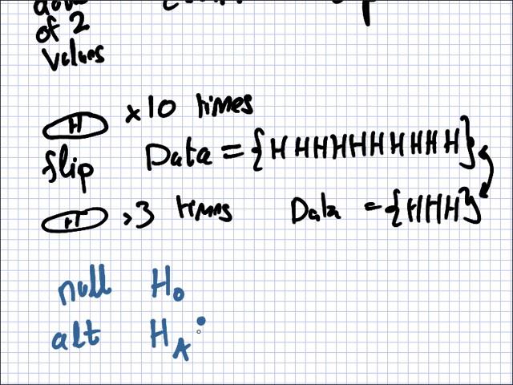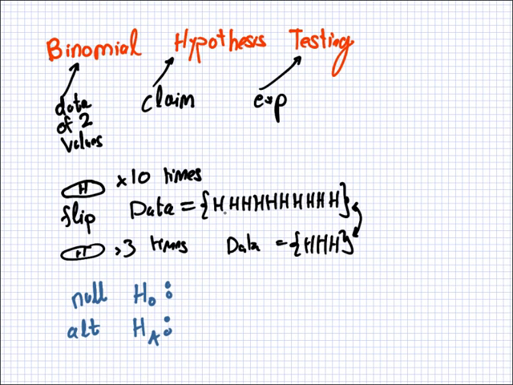The null hypothesis and the alternative hypothesis. These are like what you might call your claim and the counterclaim. So for this example, you're claiming that the coin is fair, that this is a fair coin. And what would be the alternative to that?